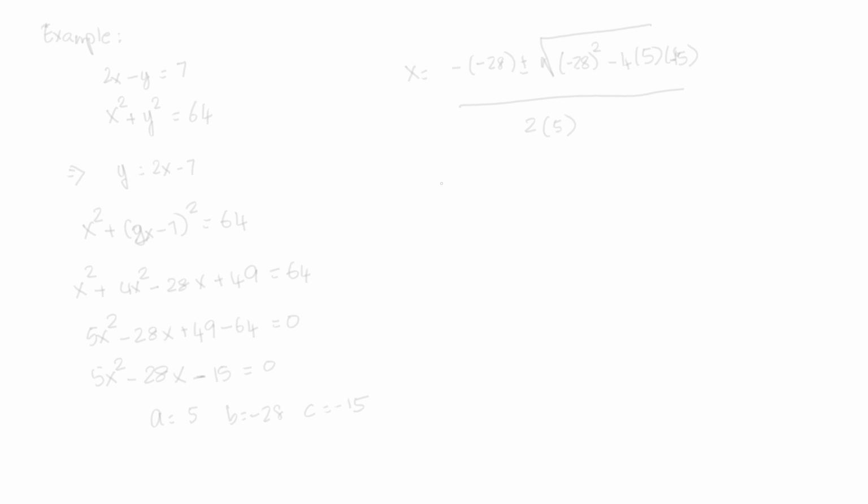So we will have 28 plus or minus 784 plus 20 times 15, which is 300, over 10.